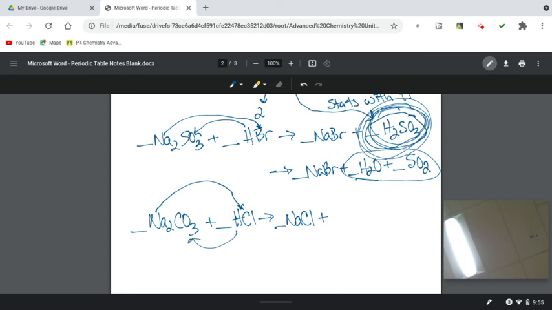Hydrogen is going to grab carbonate, so you're going to get H2CO3. Again, this is a diprotic acid, so we're not going to write it as H2CO3. We're going to pull H2O out, and then we're going to put whatever's left. So I'm just going to erase this, and I'm going to put H2O plus CO2 would be left over.